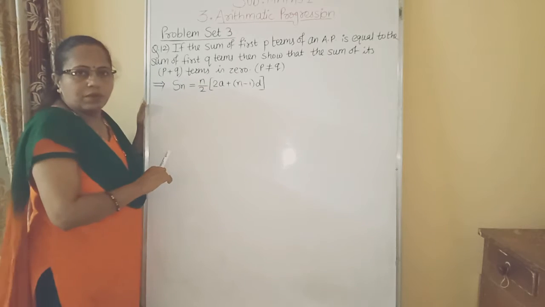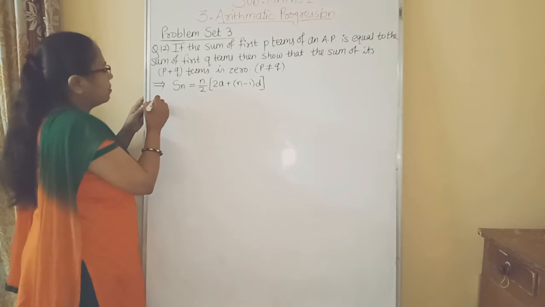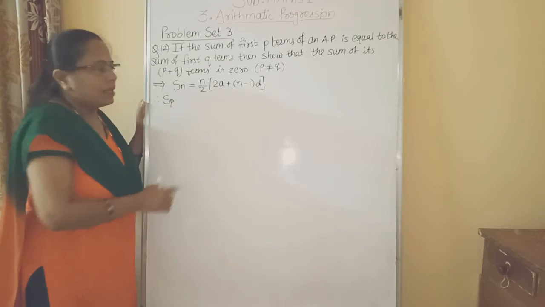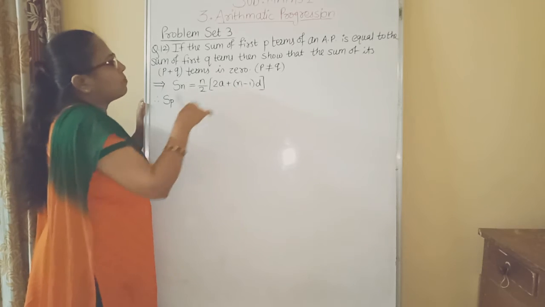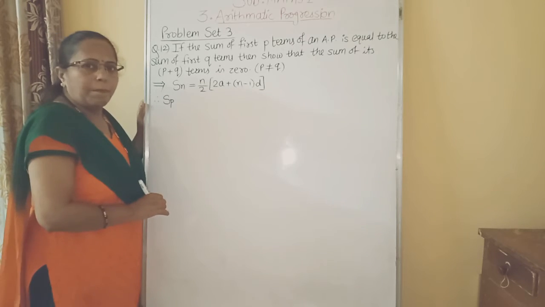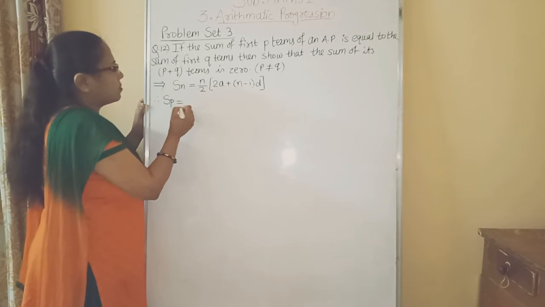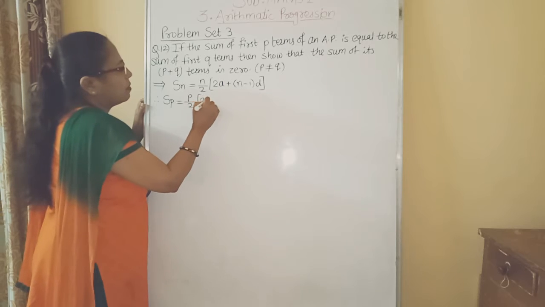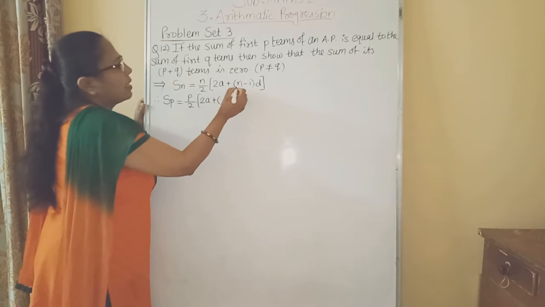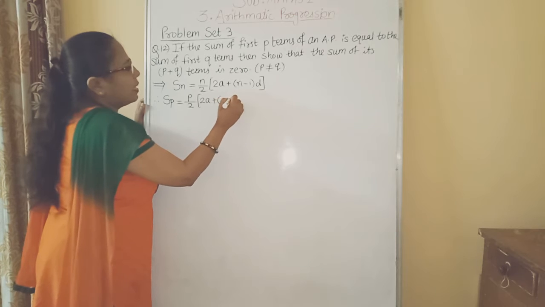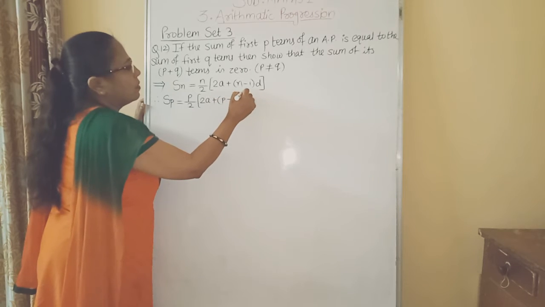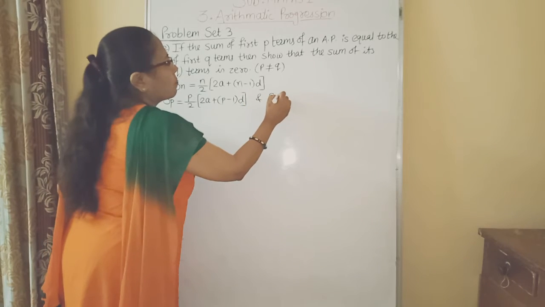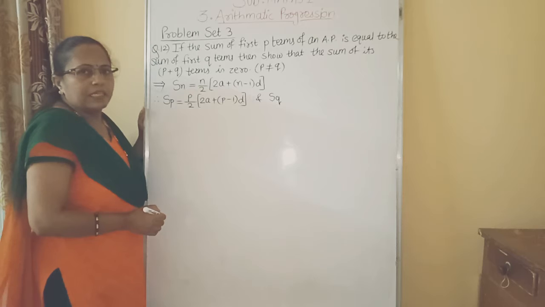sum of q terms. Okay, therefore sum of p terms is denoted as SP. So wherever n is there in this formula, there we have to substitute p. So sum of p terms we will get p upon 2 into bracket 2a plus, instead of n we have to use p minus 1 into d, and sum of q terms is denoted as SQ.